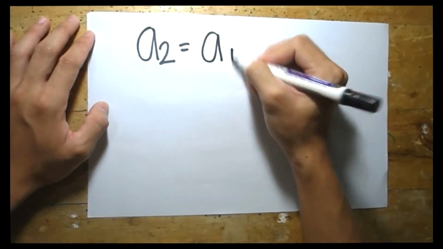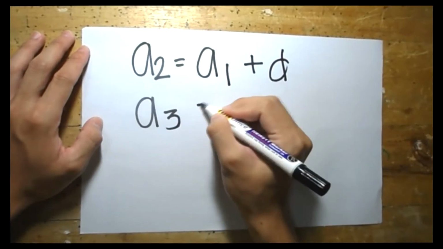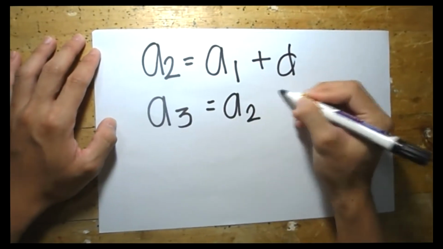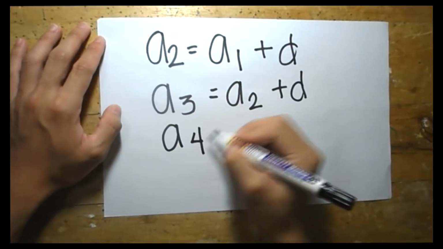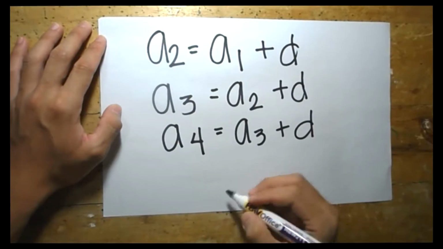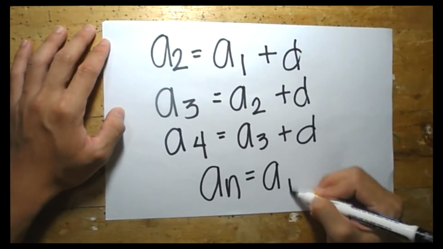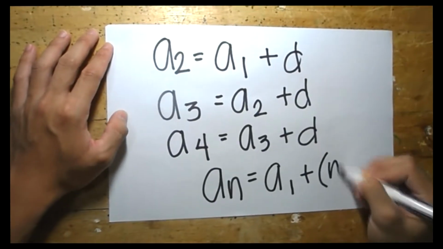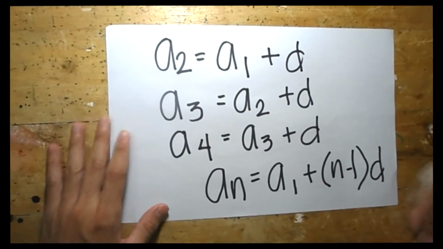A sub 2 is equal to A sub 1 plus D. A sub 3 is equal to A sub 2 plus D. A sub 4 is equal to A sub 3 plus D. An arithmetic sequence can also be given by this equation: A sub n is equal to A sub 1 plus n minus 1 times D.